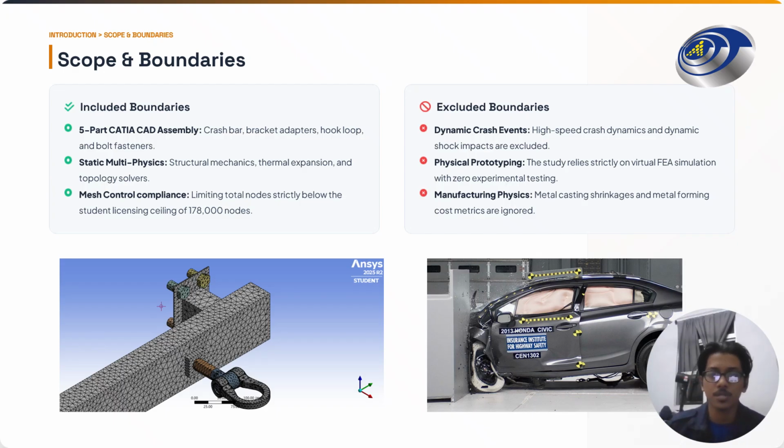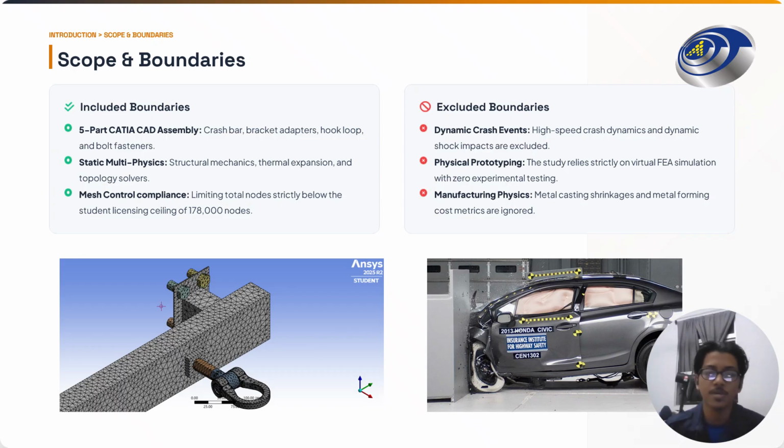The boundaries that we are not going to talk about are, first, dynamic crash events, which are high-speed crash dynamics and dynamic shock impacts. The second one is physical prototyping. This study relies strictly on virtual FEA simulation with zero experimental testing.